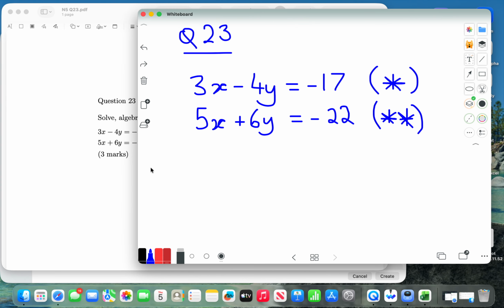So I'm going to multiply the first equation by 3, because we have to think, what is the lowest common multiple of 4 and 6? Well, the highest common factor is 2, so if we multiply 4 and 6, we get 24. Divide by the highest common factor, dividing by 2, is 12. So if we multiply equation star by 3, we get a 12.